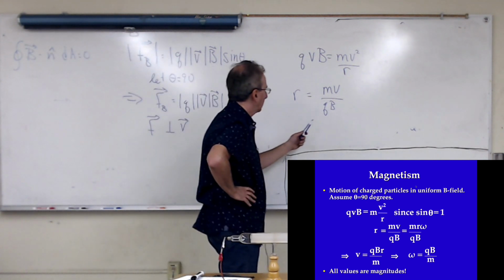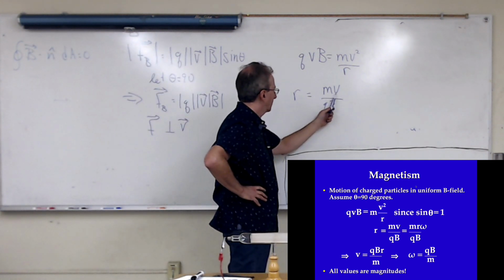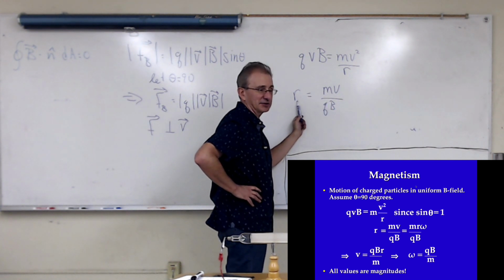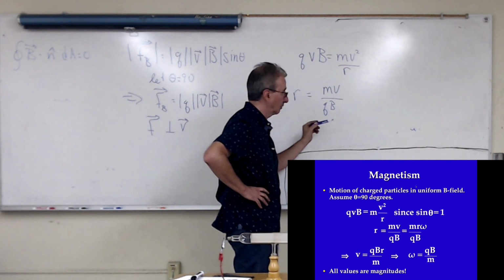So for a given value of v and m, you have a specific value of r for the radius of the circle.